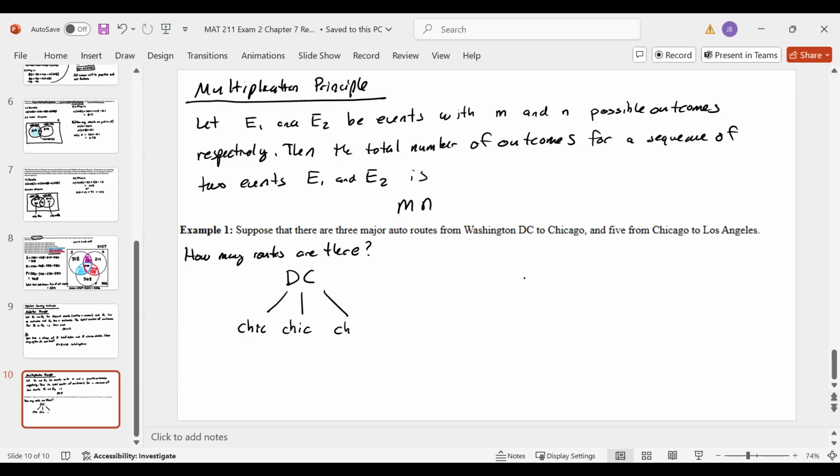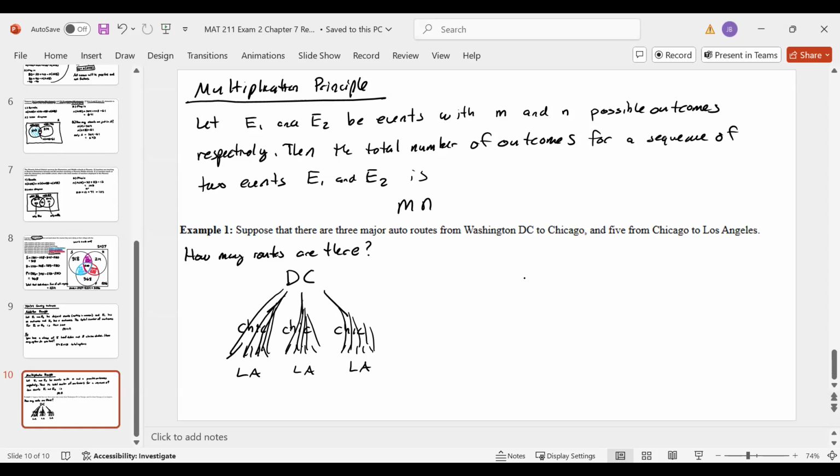And then each of these will have 5 routes, 1, 2, 3, 4, 5, and they all take you to LA. If you add up all of the different routes, 1, 2, 3, up to 15, you get 15 routes.